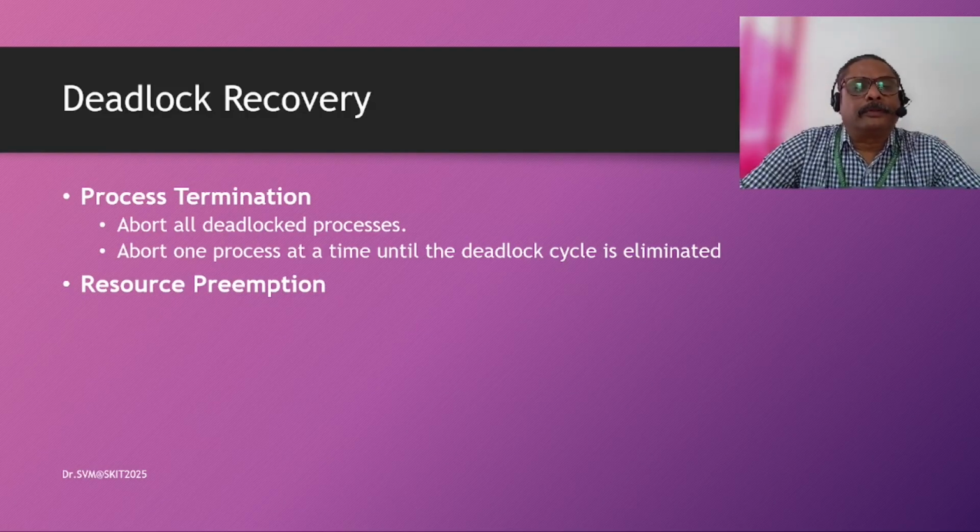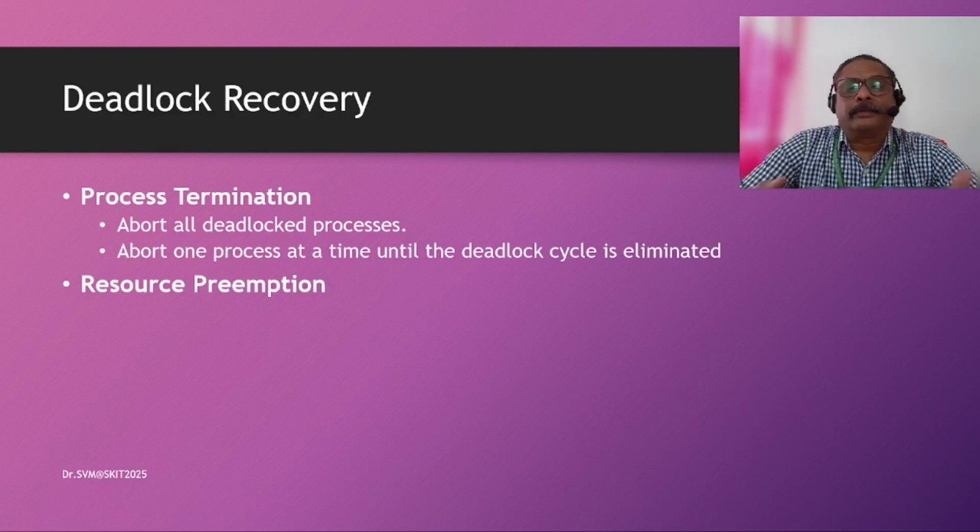So if you announce temporarily that preemption is possible for some resources, then that particular resource gets released in the next cycle, next timestamp, and once it is released, the process waiting for that resource acquires it, and it may happen that it was the only thing it was waiting for, and it continues its execution, and that way we may come out of the deadlock situation.